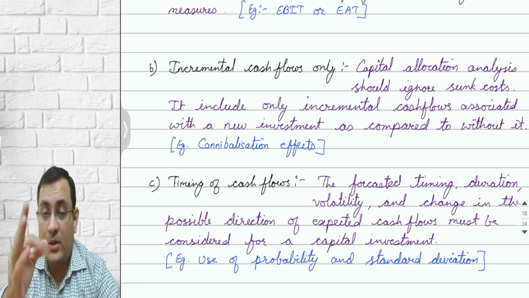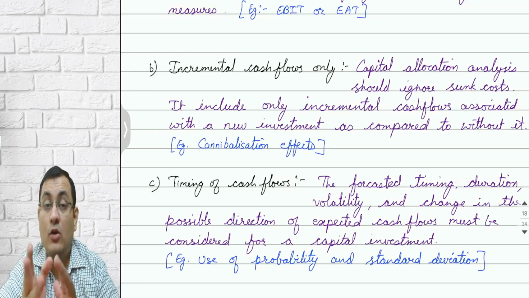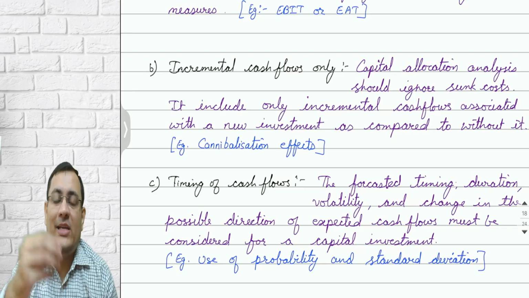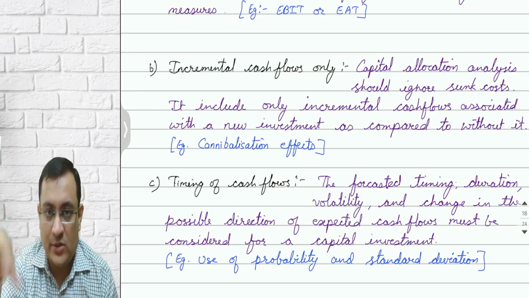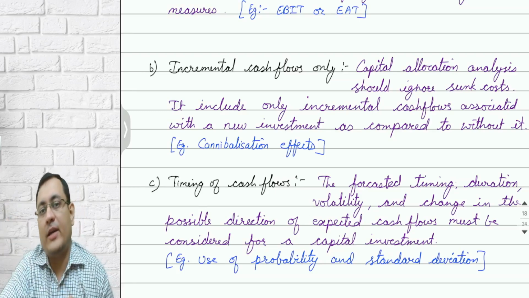Number 5, you were not supposed to receive it earlier, but now you are receiving the additional revenue which your product will generate from this new project. That should be considered as an incremental inflow for the project.